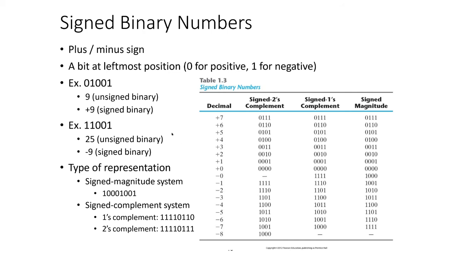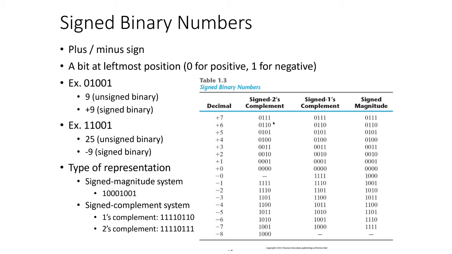One way to explain this is to look at some numbers and their 2's complement, 1's complement, and signed magnitude representations. First, if we look at a positive number, like in this case positive 7, since we're not using that last bit, it really doesn't make any difference. But let's take a look.